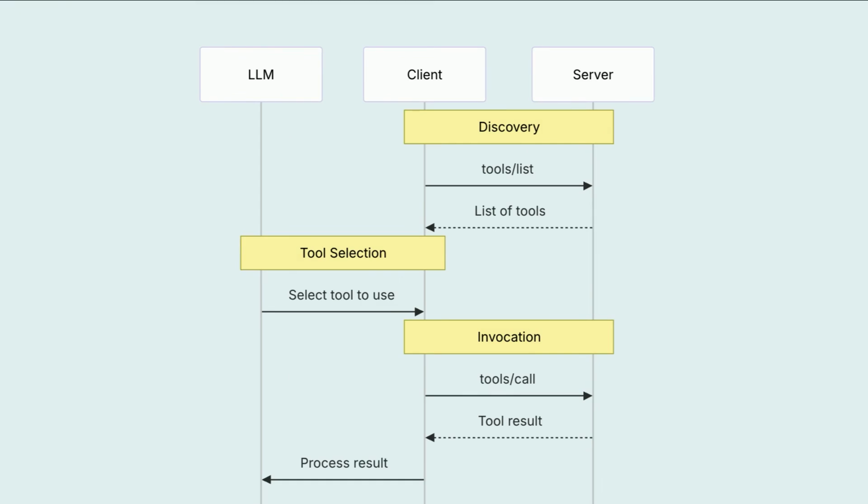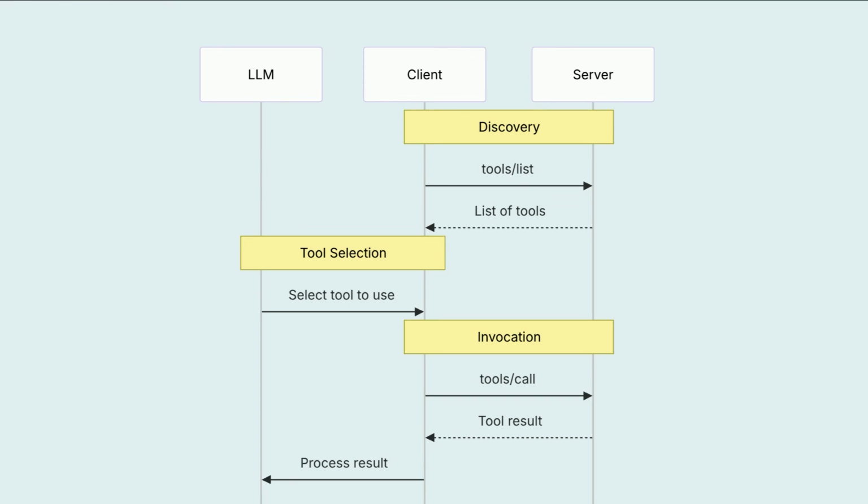This is the sort of journey that happens when an LLM is determining which tools to actually call. So the first process is called tool selection. Well, actually, no. The process starts as soon as your MCP client boots up, and it does a thing called discovery. Discovery is where it will go to all of the available servers and say, hey, tell me which tools you have available, which resources you have available, and those will come back.